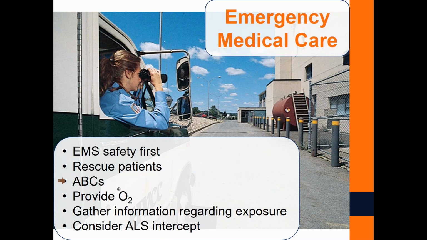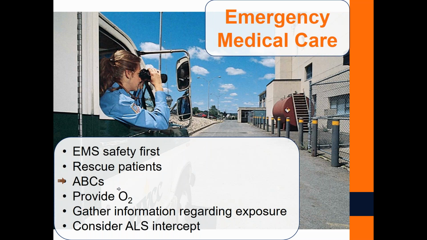After skin color, temperature, and condition, we're going to make our transport decision. What is my transport decision for all of our patients? To the nearest appropriate facility with intercept with ALS. You got it. And then from there, I start working my way through my secondary assessment.